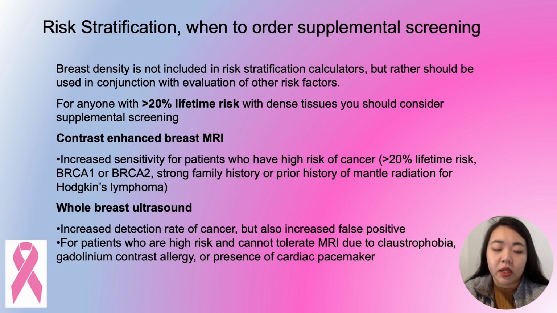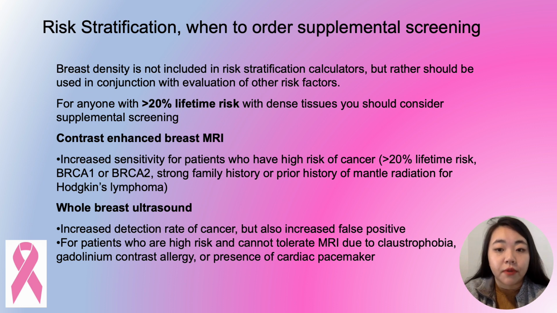So if you have a patient that comes in with greater than 20% lifetime risk and they have dense breast tissue, you should consider supplemental screening, such as with a contrast-enhanced breast MRI. This increases the sensitivity for patients who have high risk of cancer, such as those with greater than 20% lifetime risk, the BRCA1 or BRCA2 mutations, people who have strong family history or have had a prior history of mantle radiation for their Hodgkin's lymphoma.